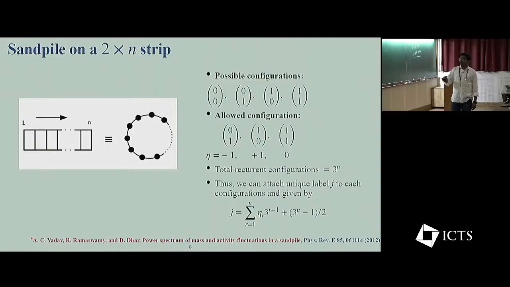We can map the configuration at a steady state into a random walk, and we can label it such that the label shows a point in a state space.